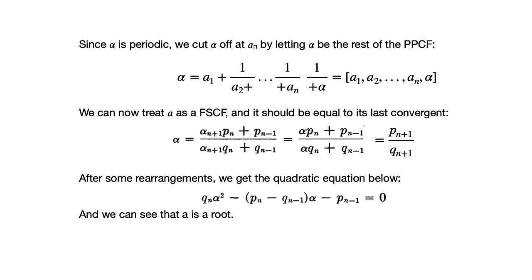And after simplifying, let's just say it's p_{n+1} over q_{n+1}. So after some rearrangements, we get to the quadratic equation below, and we can see that alpha is indeed a root of some quadratic equation.